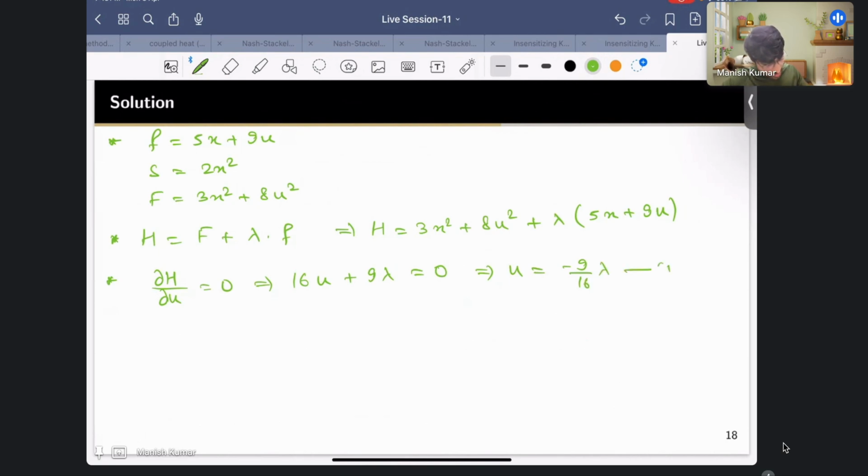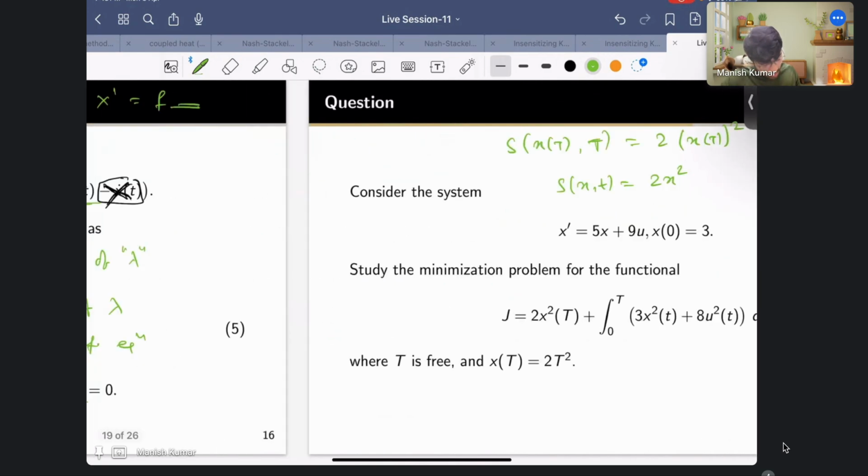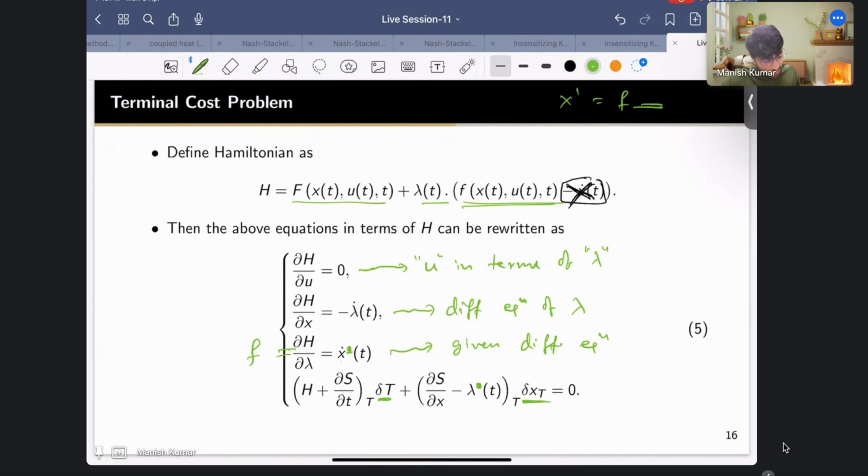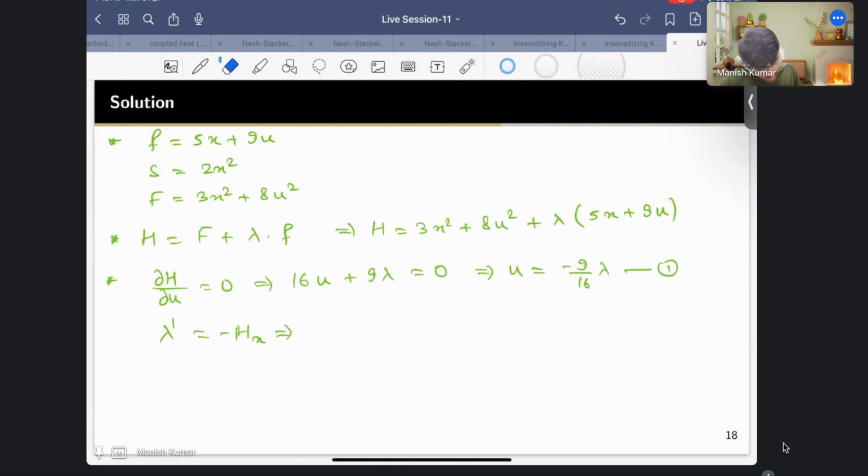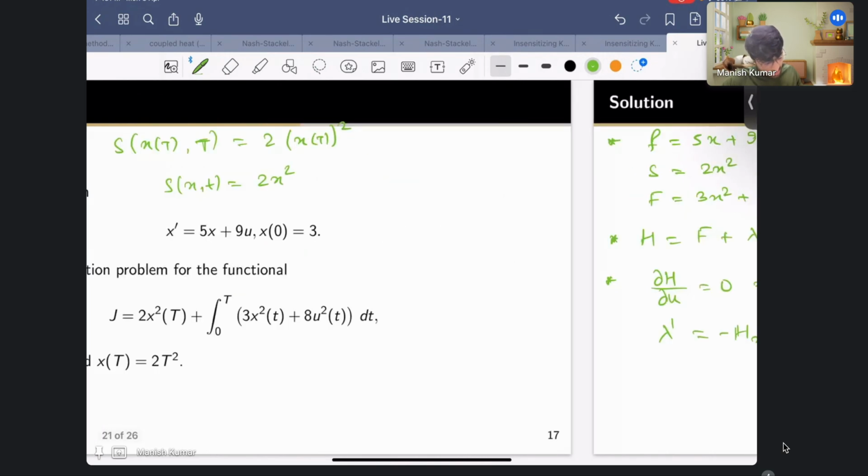So this is 1. The second one is that lambda prime should be minus of del h by del x, so lambda prime is minus of hx. Minus hx would be minus 6x minus 5 lambda, right? So this is the second equation.